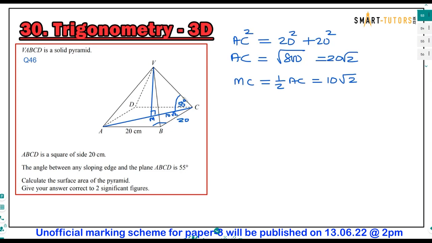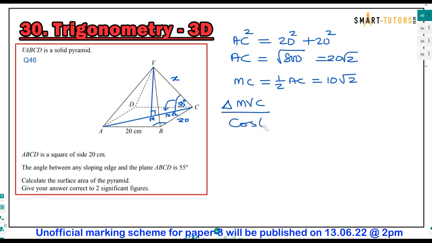And now we can figure out what the sloping side is. We can call this X, right? So what we are going to do is use the trigonometric formula for the triangle. MVC is the right angle triangle. So this 55, the adjacent side is there and the hypotenuse side.